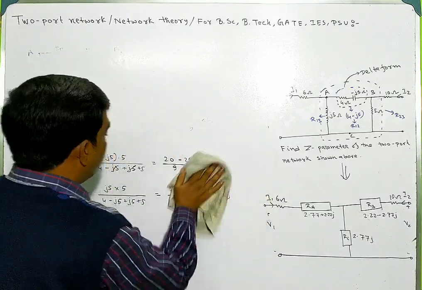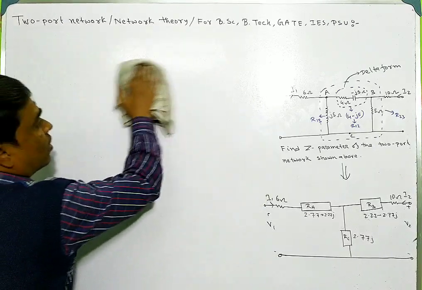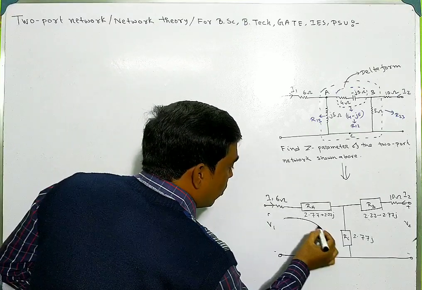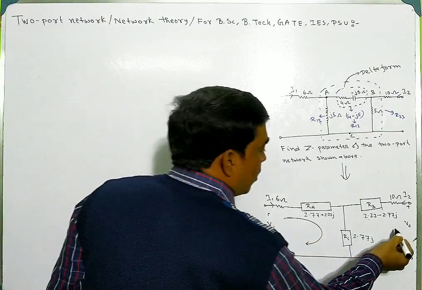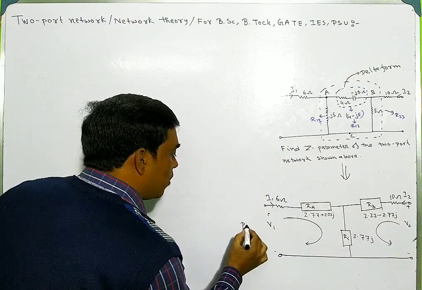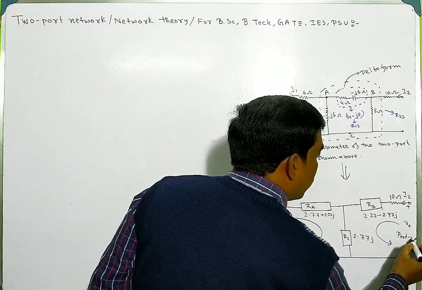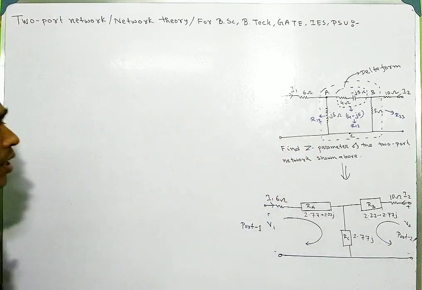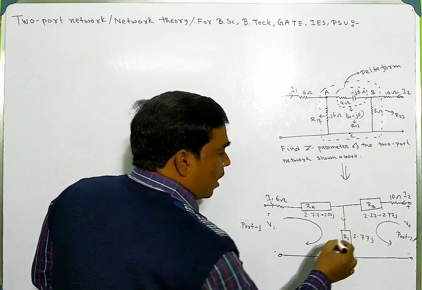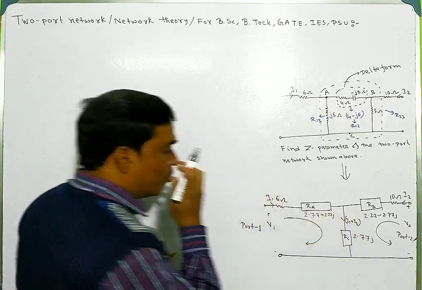Now from this input portion, from this loop, and from this output, that is port number 2, this is port number 1, this is port number 2, this is I1. So from this branch there will be I1 plus I2.